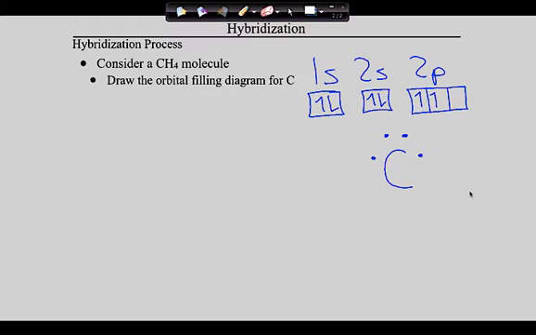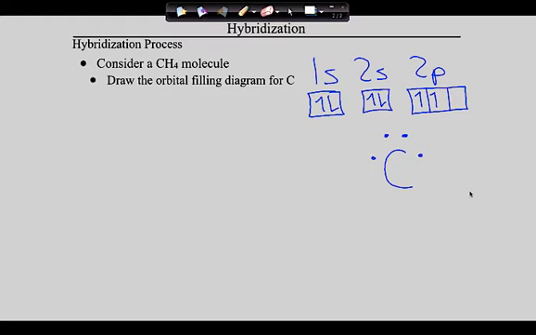But now you're thinking, wait a minute, we've been told all along that it's the valence electrons that form the covalent bonds, and those are in the s and the p. How can it be that s and p orbitals don't form covalent bonds? And the answer is this: something mystical and magical happens before these things form bonds.